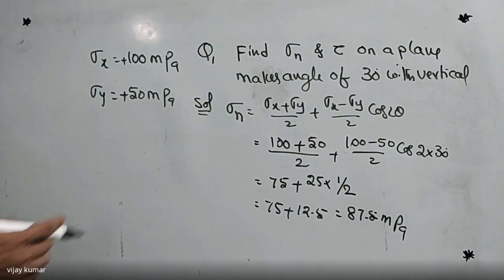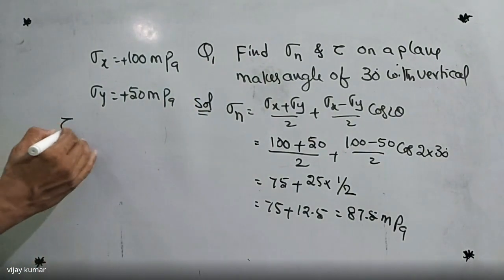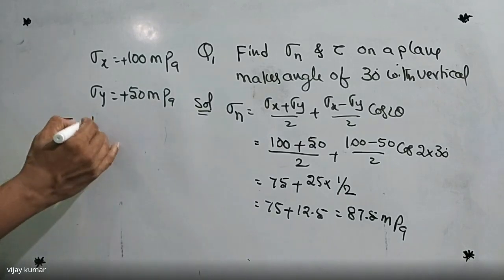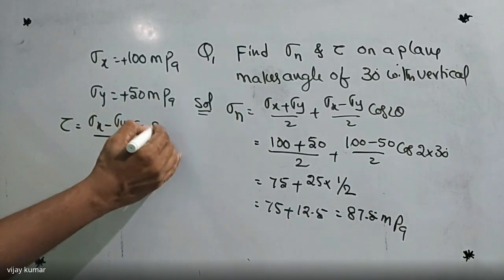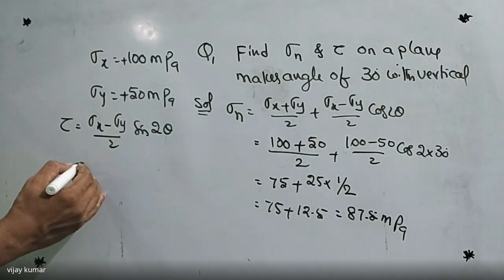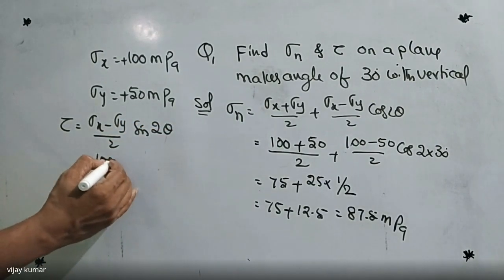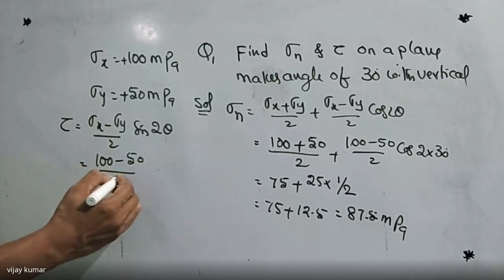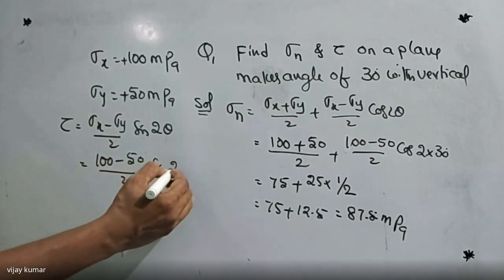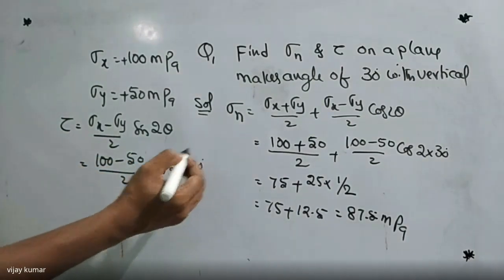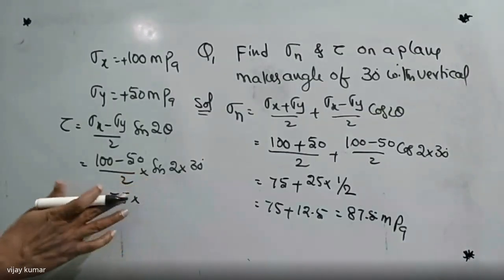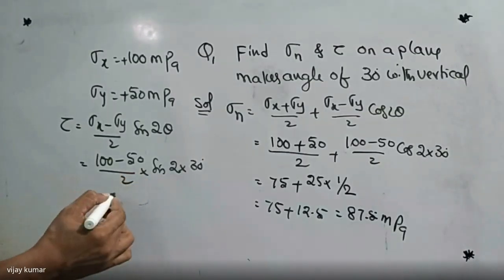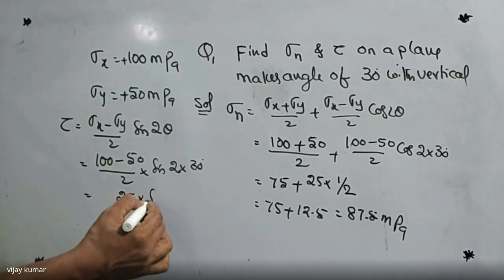Now I want to find the shear stress also. What is the shear stress value? Tau is equal to (sigma x minus sigma y) by 2 into sine 2 theta. That is 100 minus 50 divided by 2 into sine 2 into 30. So here 50 by 2, that is 25, into sine 60.